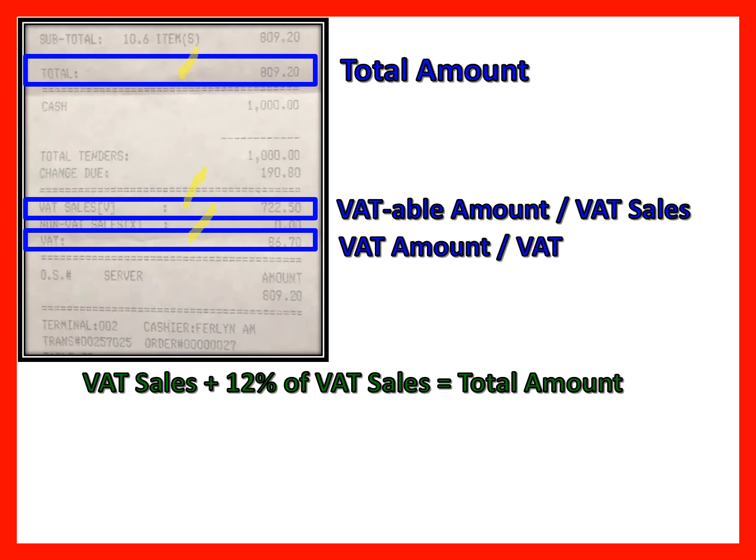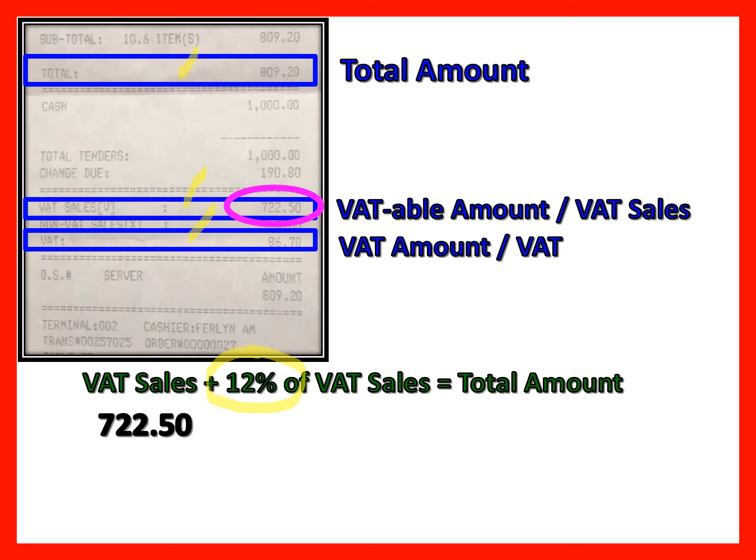So, value added tax is the 12% of the VAT sales. So, from the VAT sales of 722 pesos and 50 centavos, we will add 12% of 722 pesos and 50 centavos. Let us transform first 12% into decimal.